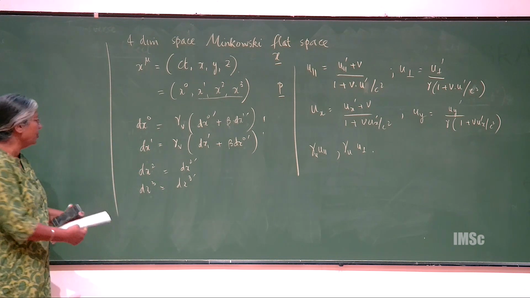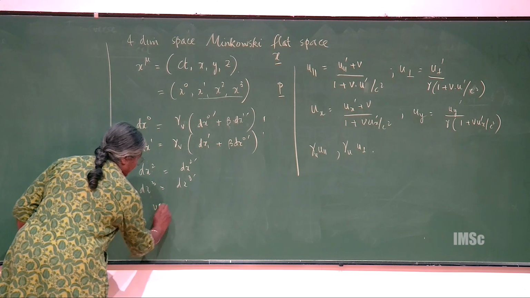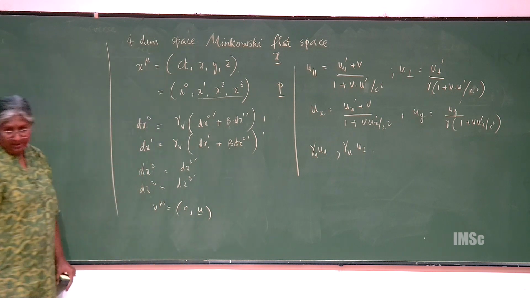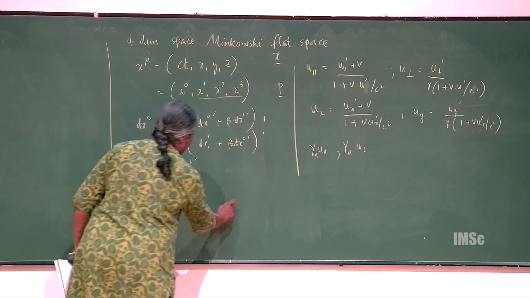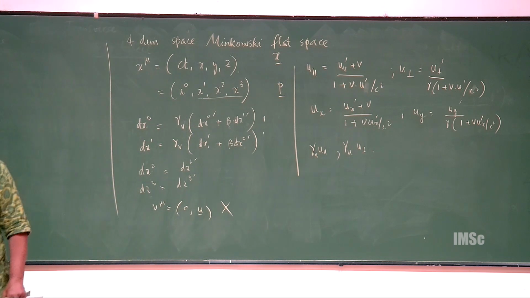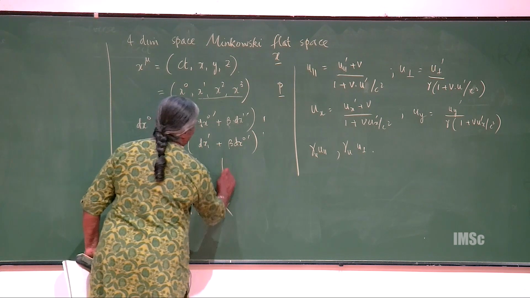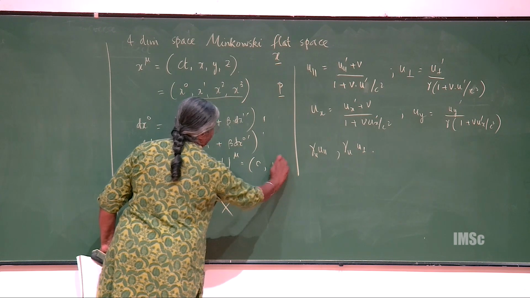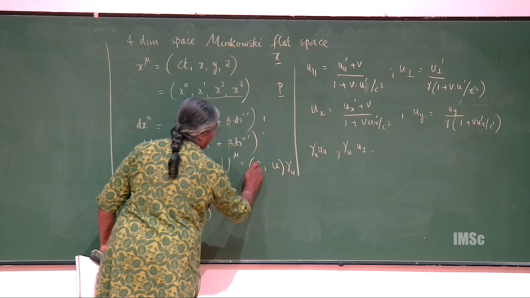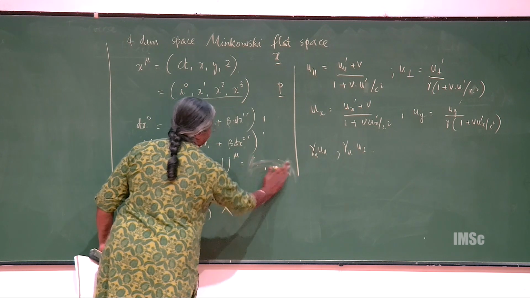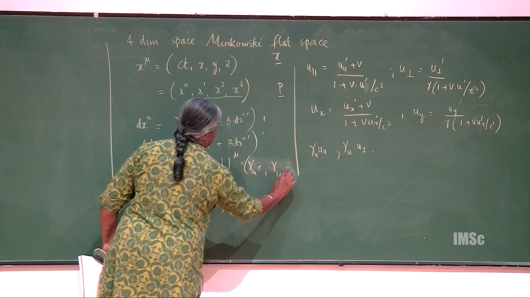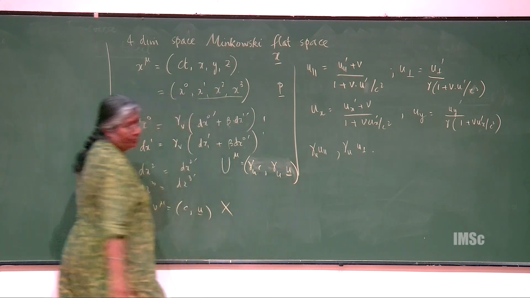So then I wanted to write a 4 vector for velocity which was c times u, and this you can immediately see will not transform like a proper 4 vector, and I am claiming now that if I write a 4 vector u mu which is gamma u times c and gamma u times u, this will form a proper 4 vector.